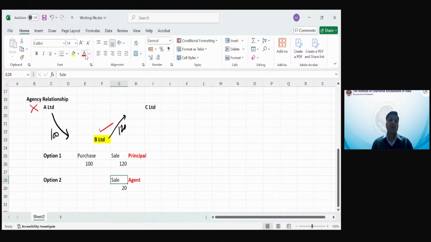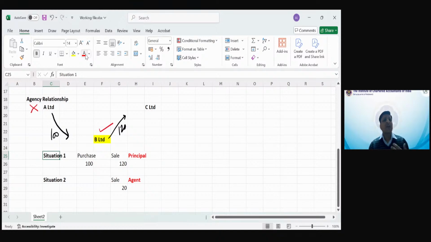Now, instead of calling it an option, let me just call it a situation, because this is not optional. Which means that currently we are looking at the concept wherein we need to assess whether B is acting as the agent or the principal.